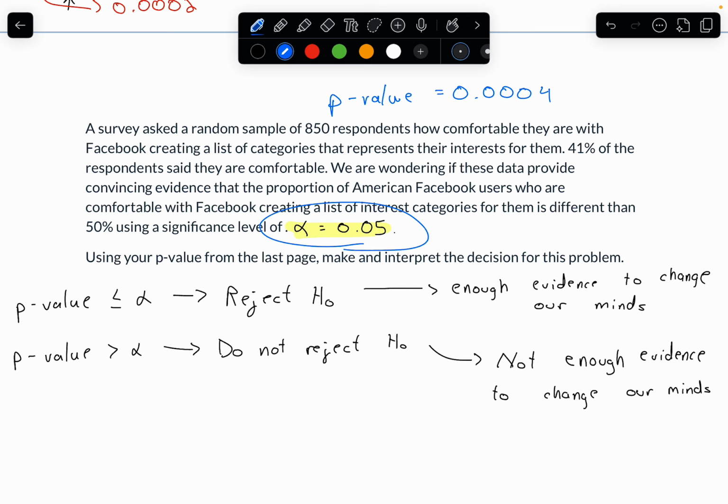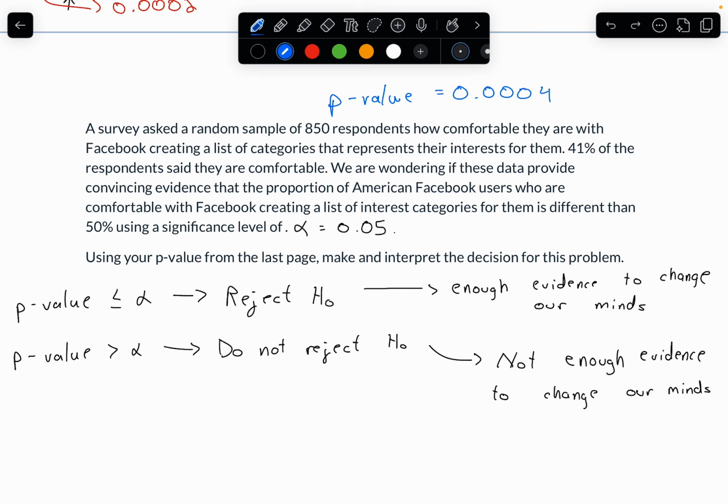I'll try and always make sure to tell you what alpha is, but if there is a problem in the homework or anything like that that does not tell you what alpha is, you may assume that alpha is 0.05 in that case. So how we're going to make our decision is we compare the p-value against that alpha.